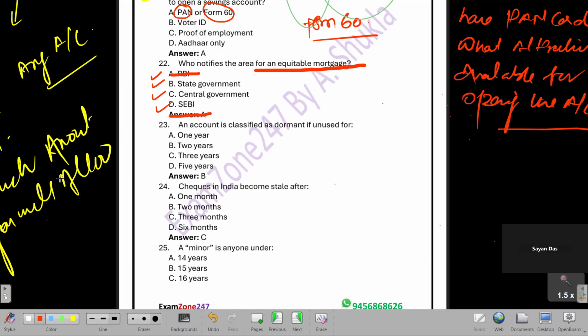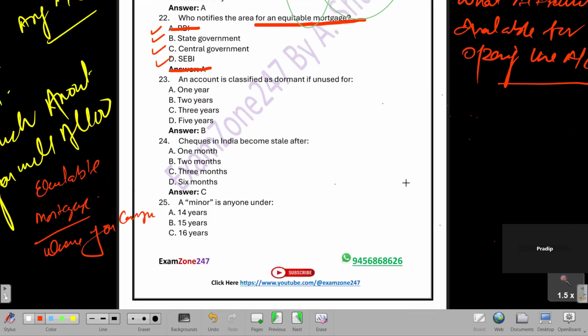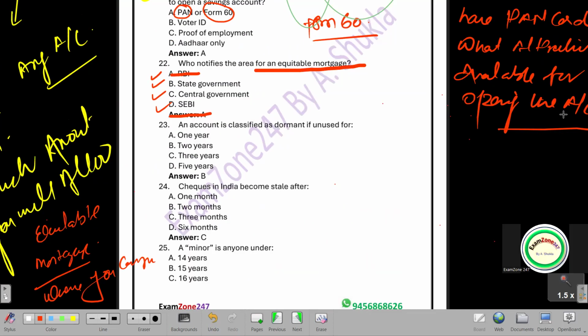Equitable mortgage, where you can do it? Yes. Only one person answered, that is, the state government may notify.